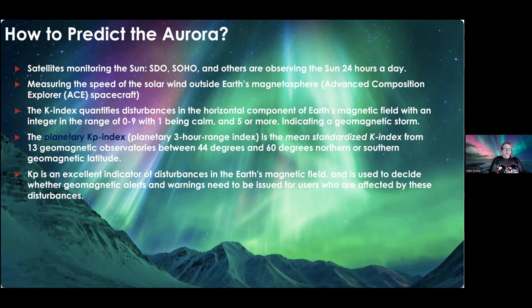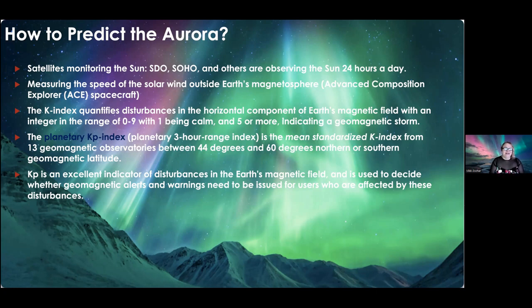Now, the K-index is not what we use for our aurora prediction, but we use the planetary Kp index that you might all be very familiar with, because if you download an aurora app on your cell phone, the Kp index will show.